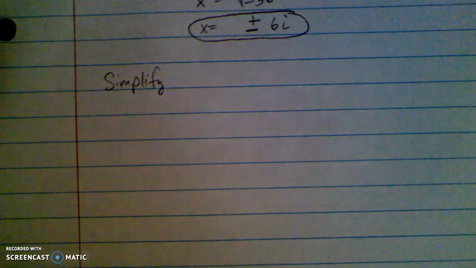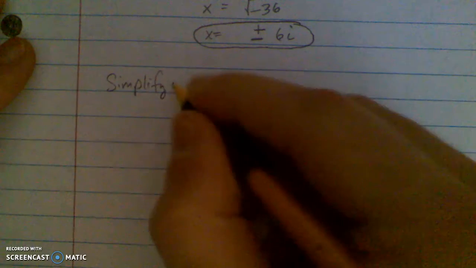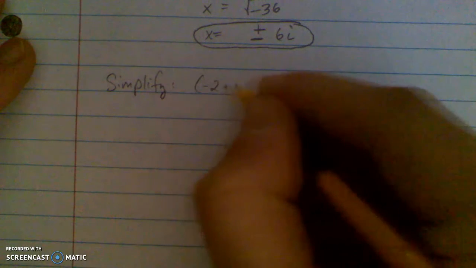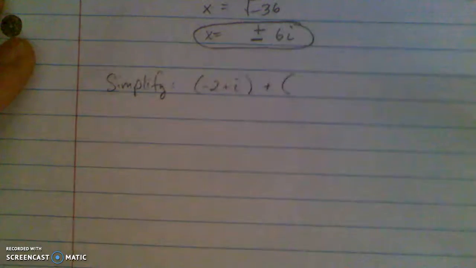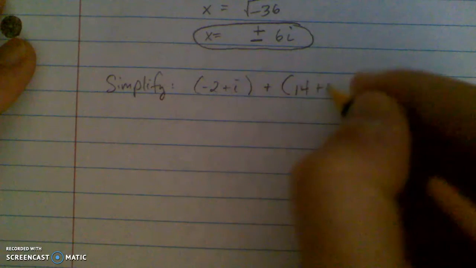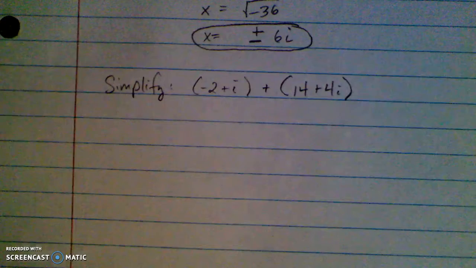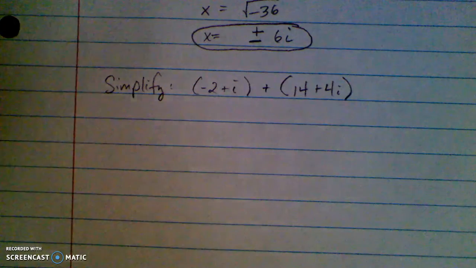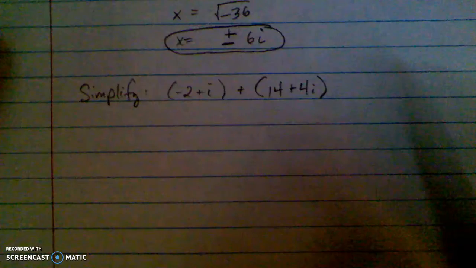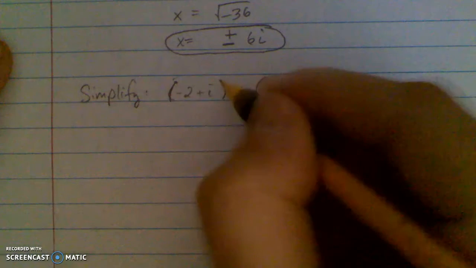Okay. Adding complex numbers is a lot like adding like terms. And first thing, as you can see, the parentheses group the complex numbers here.